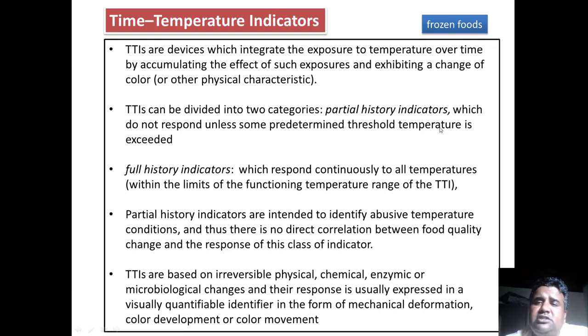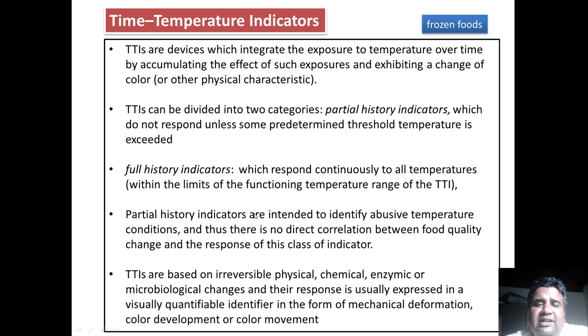So it will tell only if there is any temperature abuse during the storage. But full history indicators will tell the whole history. It means what the temperature was on Monday, what it was on Tuesday, Thursday, and finally Friday. So they respond continuously to all temperatures within the limit of the functioning temperature range of the TTI.